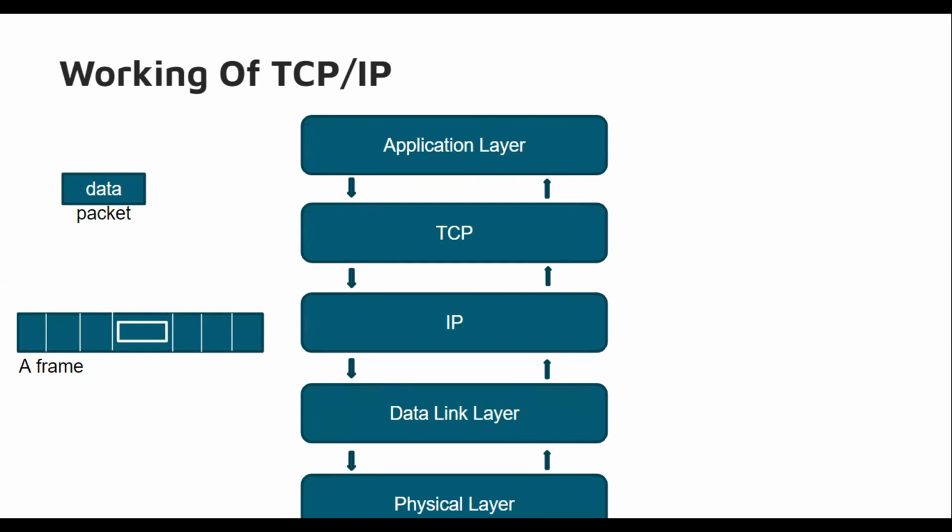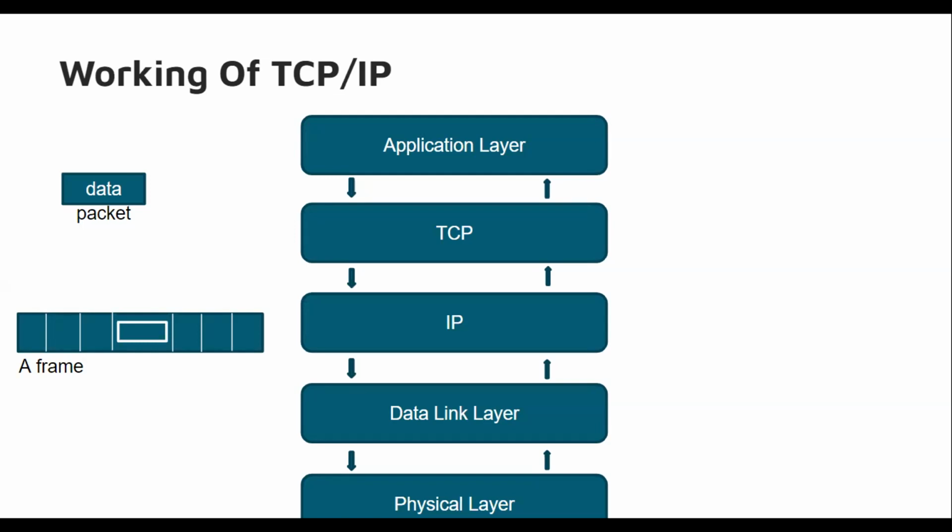So TCP converts my data into packets and those packets are numbered. The job of TCP is to divide the data into small packets, because at one single shot your data cannot go to the receiver's end. There are some limitations on the data size. So the data is divided into packets.